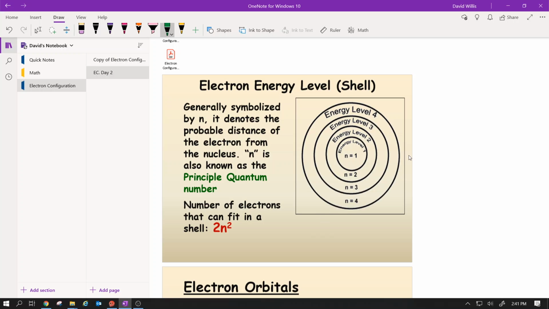Now, there's a couple of things that are good and a couple of things that are bad about this little circular diagram. Okay? What's something that is correct or something that is incorrect about this diagram? Okay, first of all, we're going to put the big X by the circles. They are not really circles.